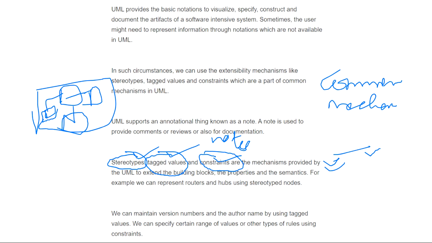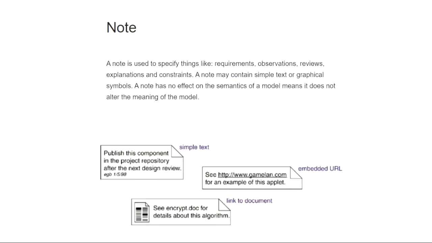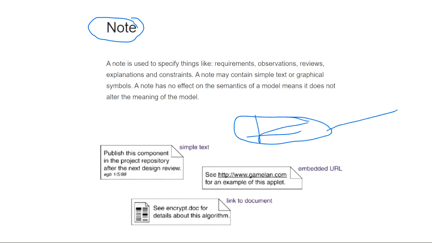Fine. The first one is notes. We have seen in the use case diagram, if you remember, there was one use case with an extend relationship, and we put a note there. Remember that diagram?